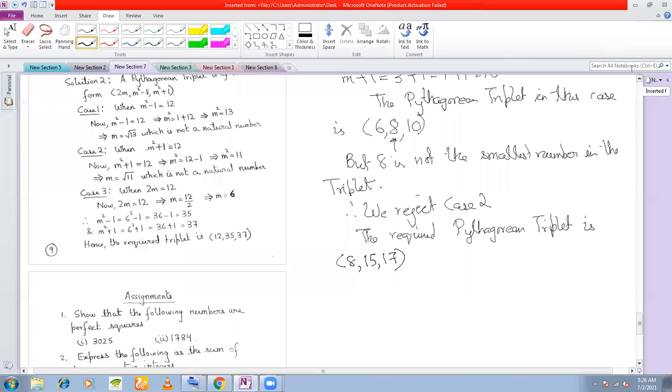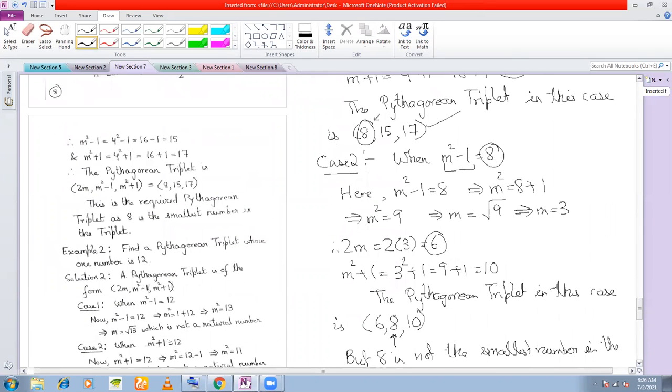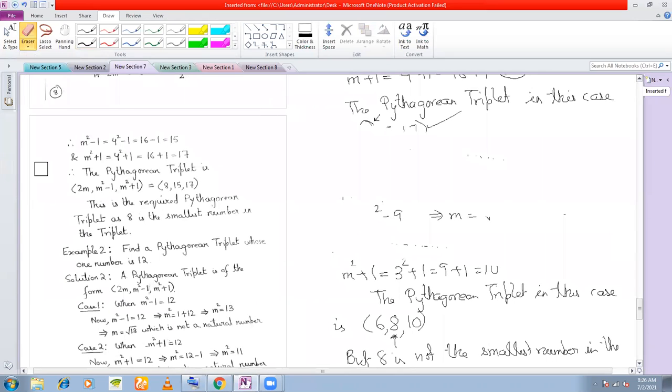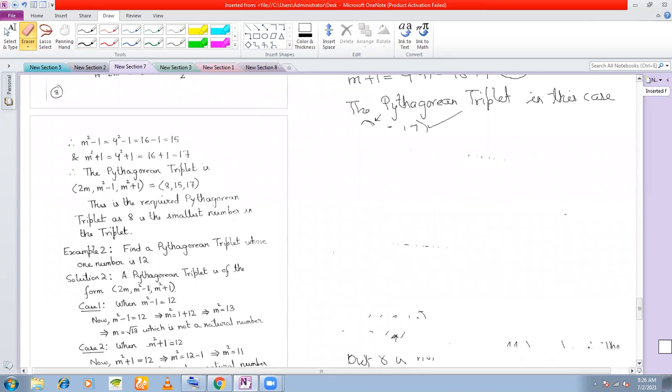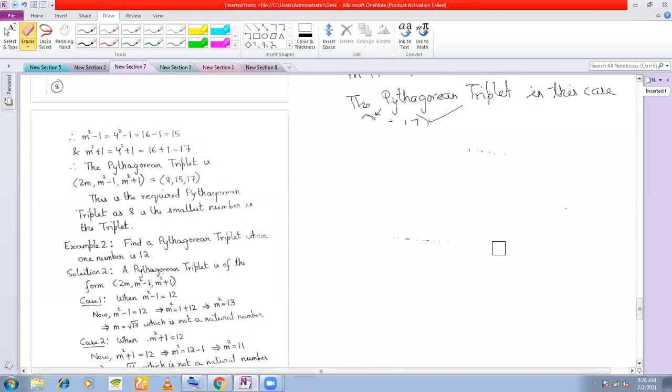If you have done case 1 first, and you have got the answer, you don't need to do case 2. But if you don't get the answer, then you will have to do case 2. Ideally, you should be doing both the cases. Okay, so this in case 1 was the required triplet.